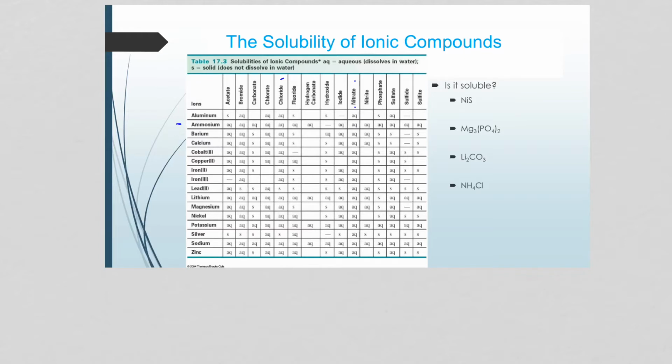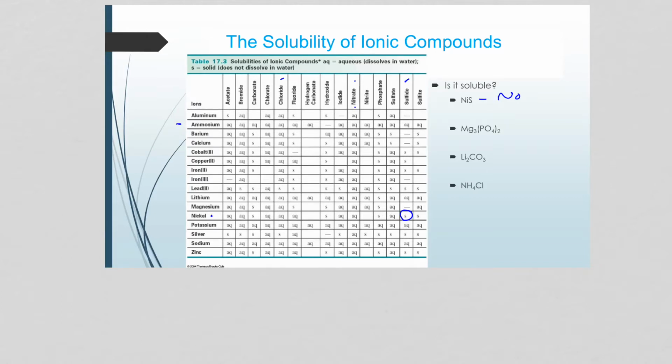You could find the nickel as well, but I'm going to find sulfide here, and I'm going to go down until we find nickel here, and we go across, and we see nickel sulfide right here. It has an S. S means it forms a solid, right? So is it soluble? No. AQ indicates it's soluble, aqueous.